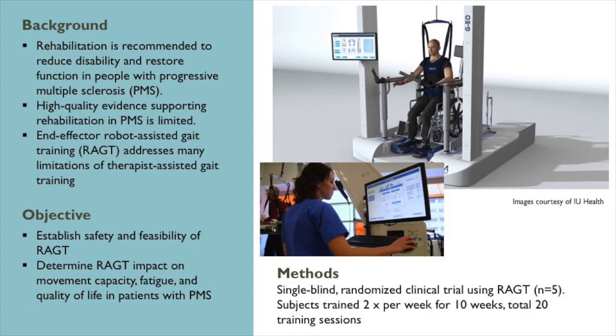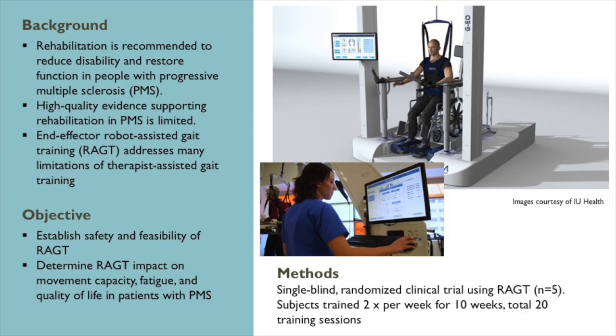The time duration from which the patients had MS ranged from recently diagnosed, about 6 months, to patients who had the diagnosis for close to around 20 years. Did you look at EDSS scores in these patients? We wanted these particular patients or population to have some amount of gait issues.